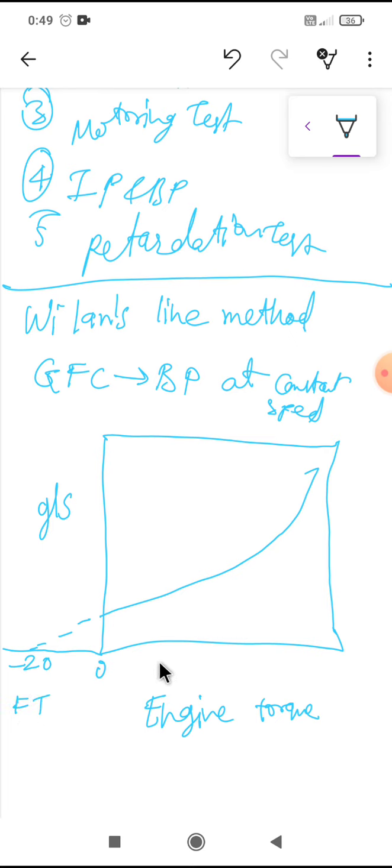Then again 0, 20, 40, 60, 80 and 100, and here the fuel flow rate: 0, 0.2, 0.4, 0.6, 0.8, and 1 and 1.2. So this graph is plotted.